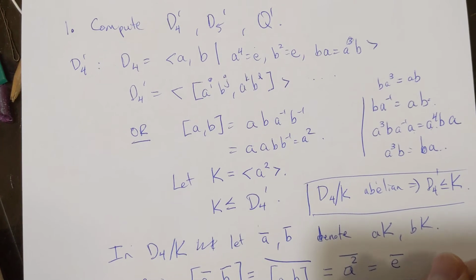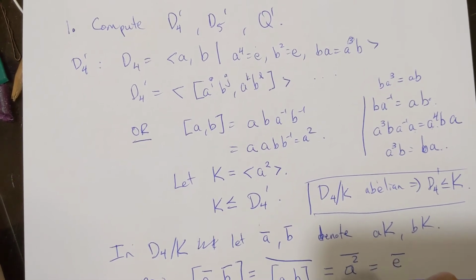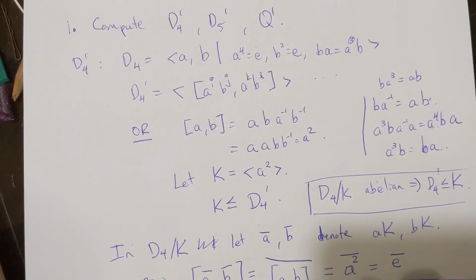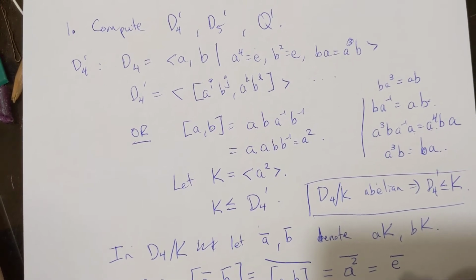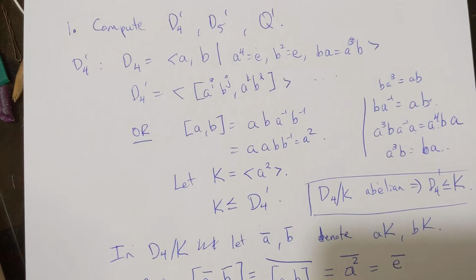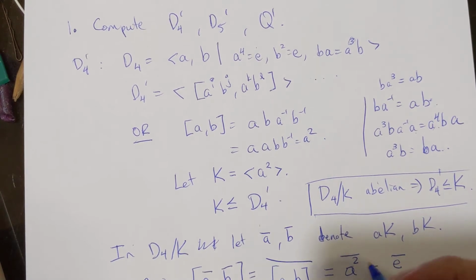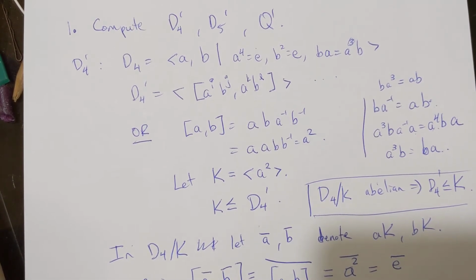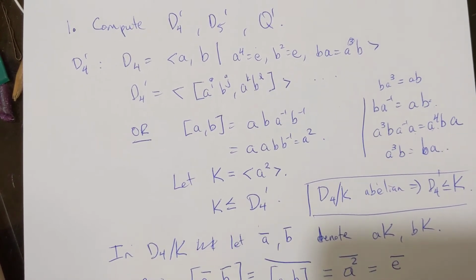If G is in D4, then G bar is really just the coset of K corresponding to G. Okay, so the commutator of A bar and B bar is the identity, so A bar commutes with B bar.